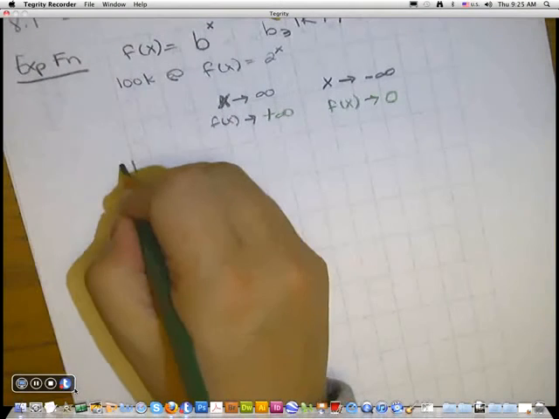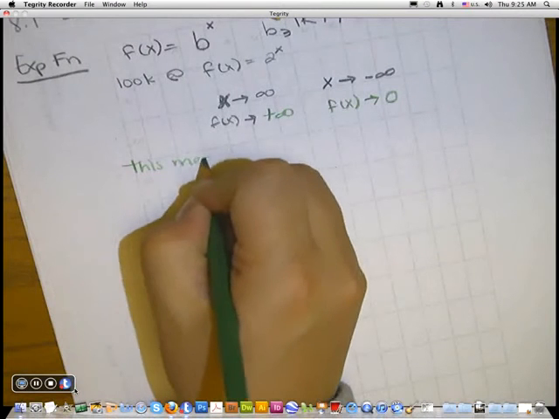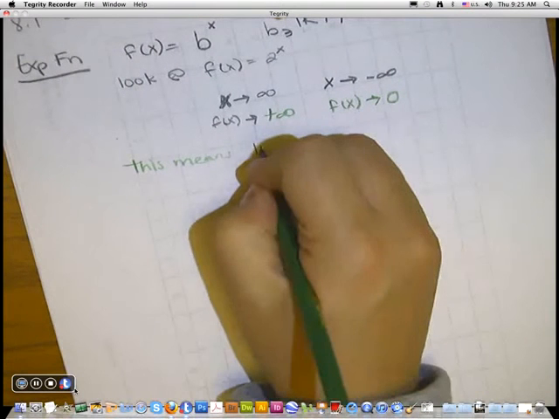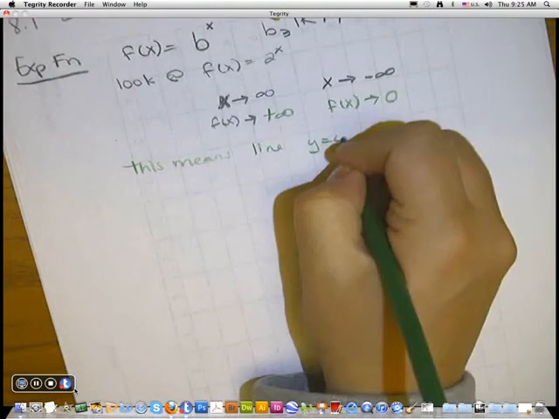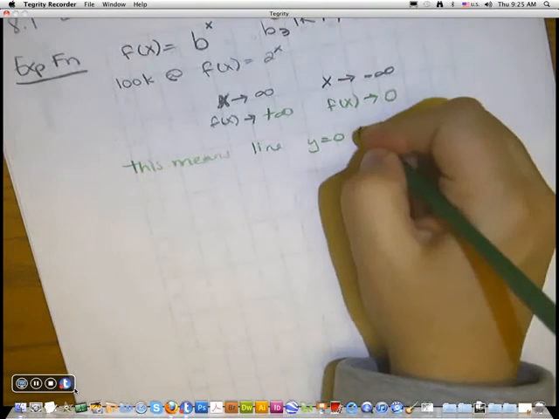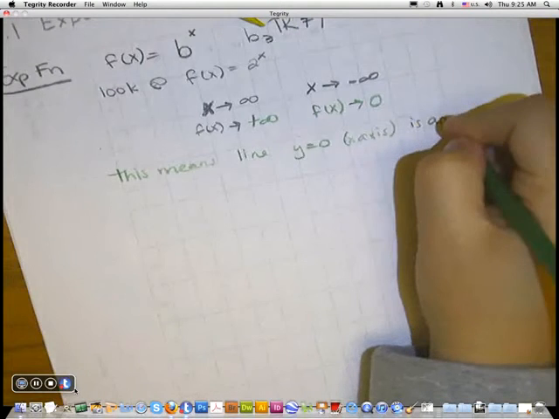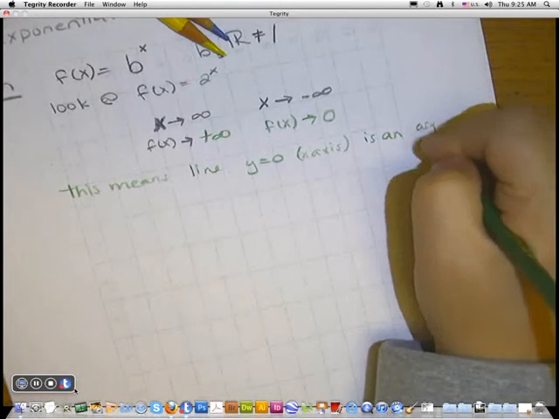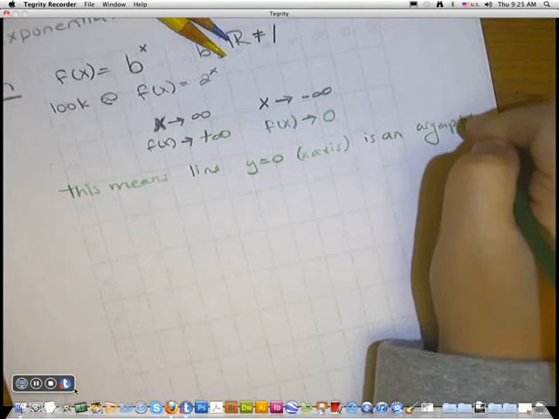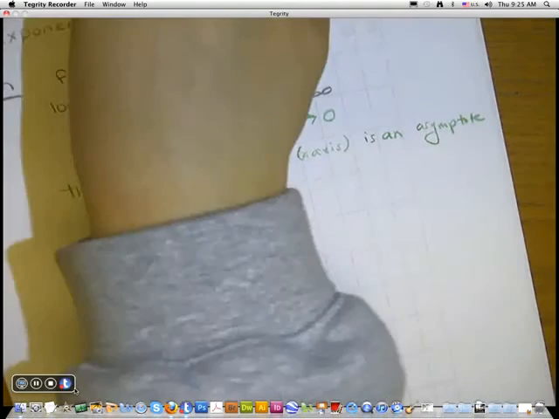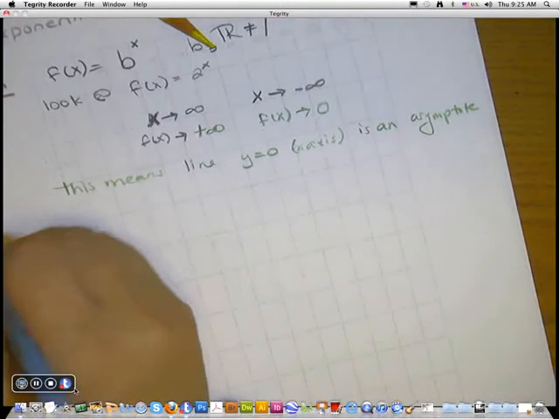So what this means, the line y is 0, which happens to be the x-axis, is an asymptote. So what is an asymptote?